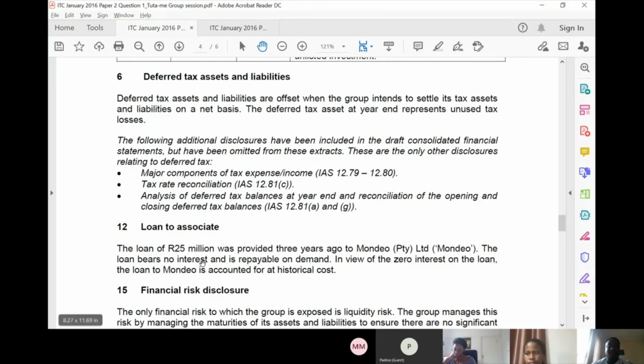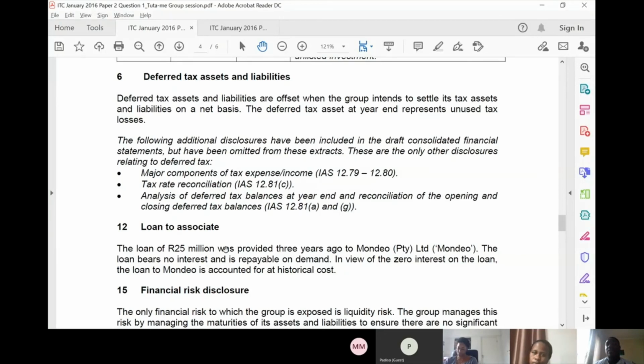The loan to associate, they're speaking about the 25 million provided 3 years ago. Loan pays no interest, not repayable on demand. In the view, 0 interest on loan. The loan is accounted at historical cost. Now, here it would be tricky because IFRS 9 doesn't really speak too much about this unless it's been classified as IFRS 9.